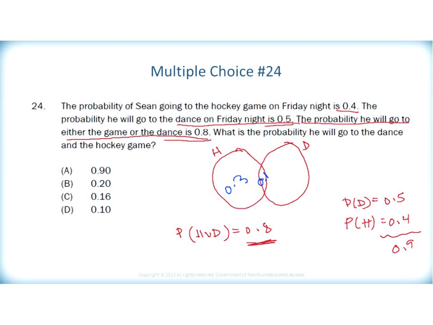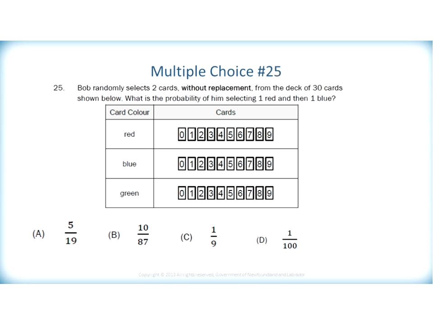The probability he will only go to the dance would be 0.4. So what is the probability he will go to the dance and the hockey game? That would be 0.1, D. So we have the probability of non-mutually exclusive events here, and a Venn diagram can help us.